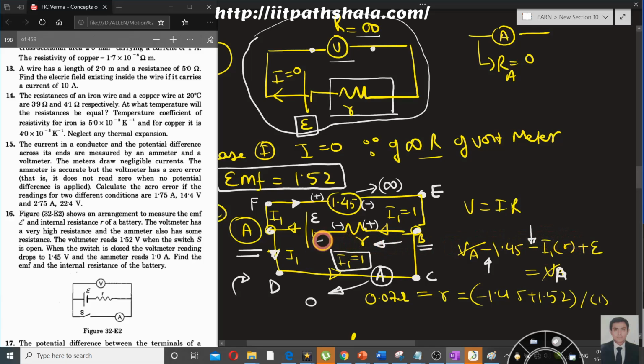Then you are going from the negative terminal of the battery to the positive terminal of the battery, and this is nothing but E. Now because you are going from negative to the positive terminal of the battery, you are increasing in the number line, henceforth you are giving a plus over here, and you are returning back to A, so equal to VA. Now you will be getting rid of the VA over here.